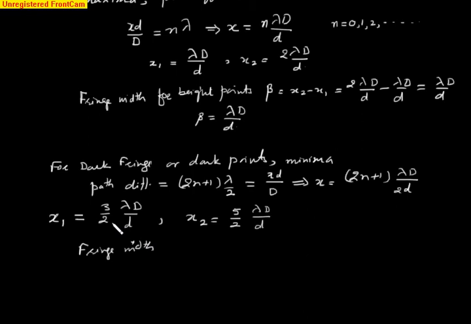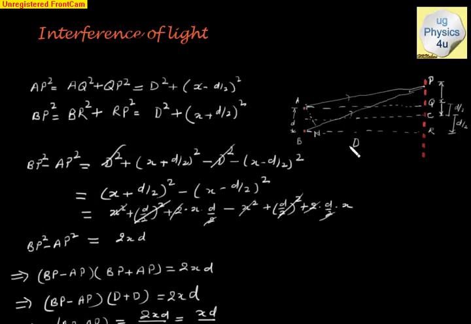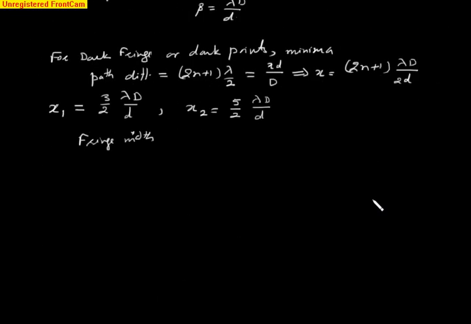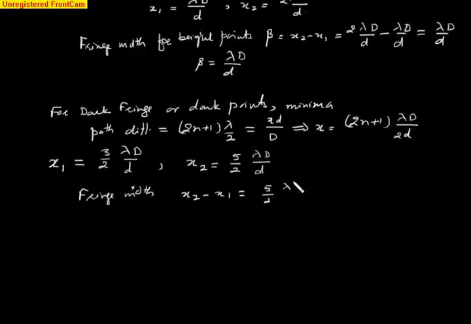And the fringe width for that: here fringe width means I want to find the distance between this darkness and this darkness. What is the total distance? That gives me the fringe width of the dark fringe. The fringe width is equal to x2 minus x1, that is 5 by 2 lambda D divided by small d minus 3 by 2 lambda D over small d, which gives 2 by 2, that is 1, and we get lambda D over small d.